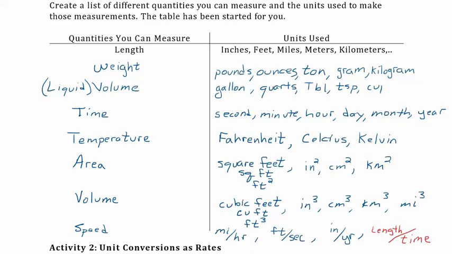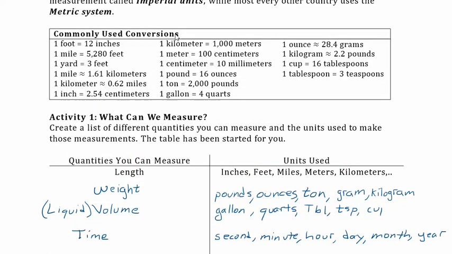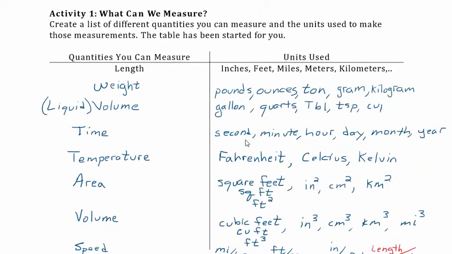So measuring things, what's just as important as what you're measuring and the value of that measurement is the unit that you're using. You have to label your units and keep track of your units when you're measuring. So we're going to focus a little bit on these conversion rates up here. And we're going to start with this 1 mile is 5,280 feet.